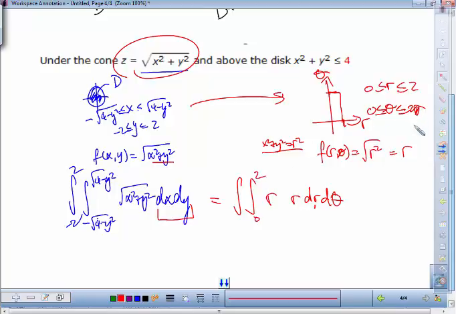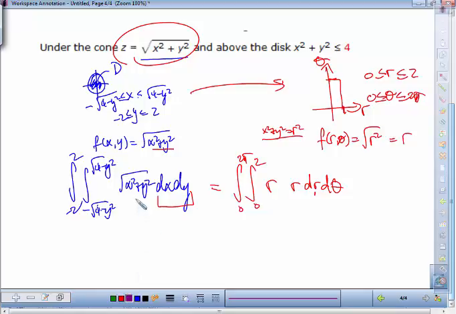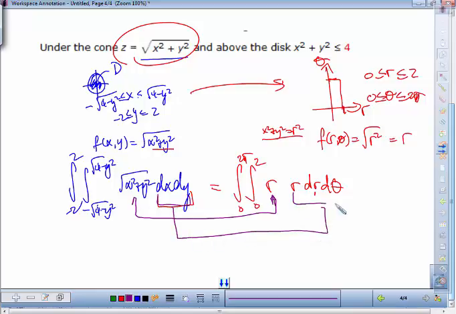Theta goes from 0 to 2 pi. Now let's match all these things up. And then our D turned into D star. Instead of D being a circle, we have D star as a rectangle. Not only that, whenever we're dealing with rectangles, we have constant limits.